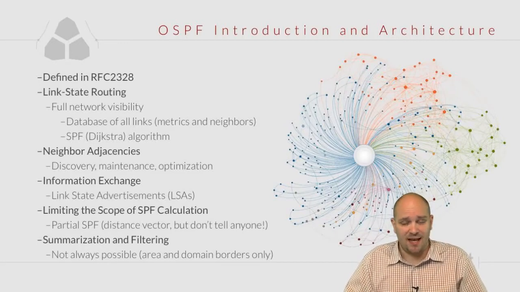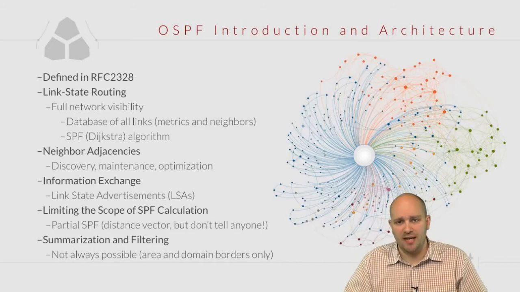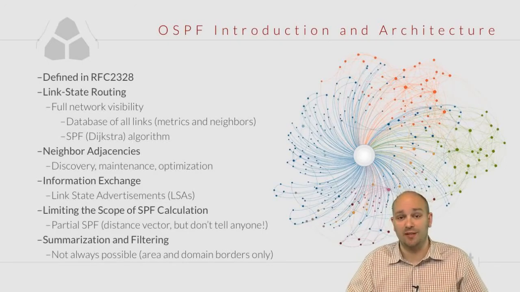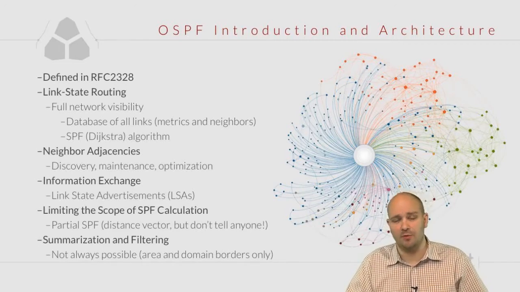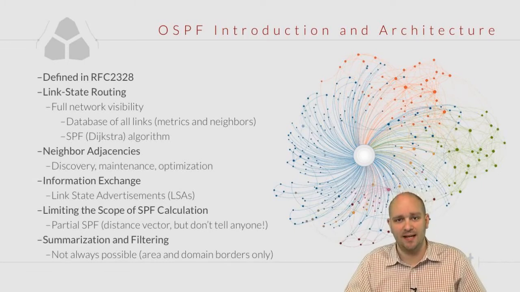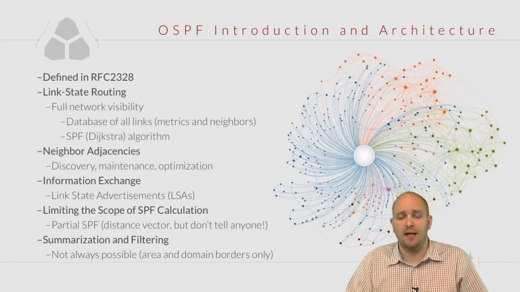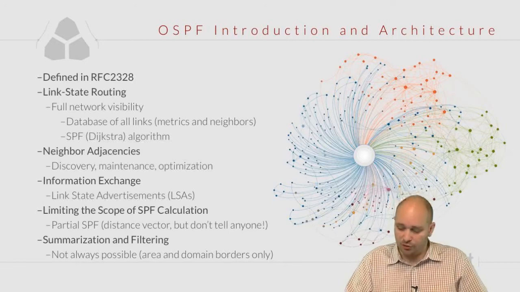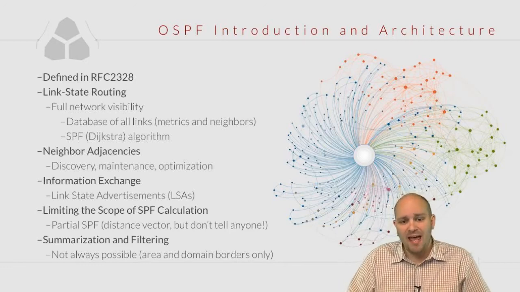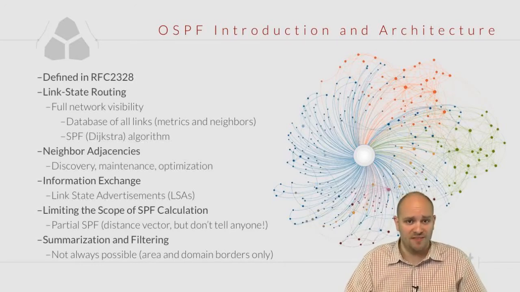OSPF is, as I said, an open implementation of the SPF protocol, and it has been defined in RFC 2328. This RFC was written, if I'm not mistaken, in 1998, but it is still valid and in use today. Link state routing means that all the routers that participate in the network have full network visibility.